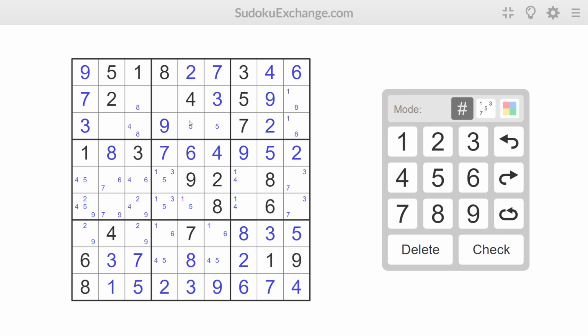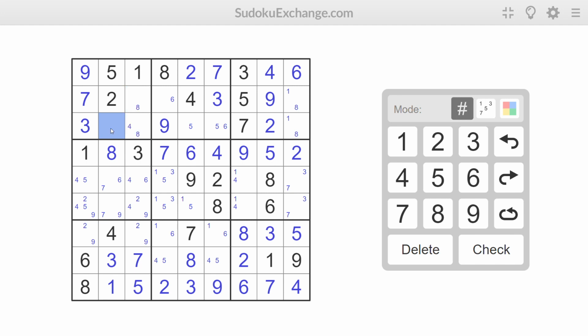6 is in this column, so we can put 2 6 probables here and here. Now we're left with these 3 cells in this box.